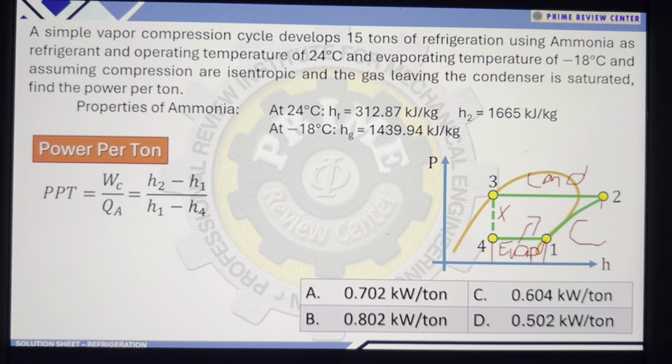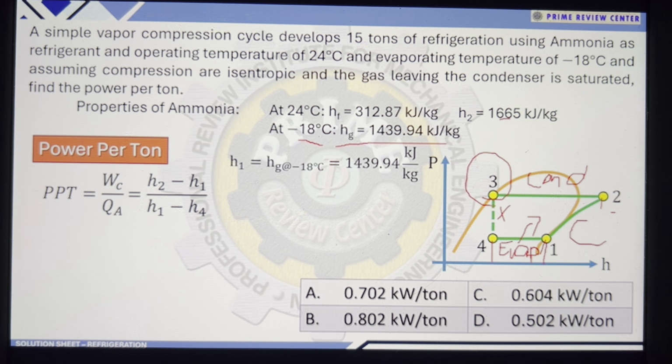So this point is on the right, at the evaporator. From the problem, your evaporator is on the right of the saturated curve, that's Hg. Therefore, H1 is that Hg, which is 1439.94 kilojoule per kilogram. Another is point 3. H2 is basically given. Point 3 is on the left of the saturated curve.